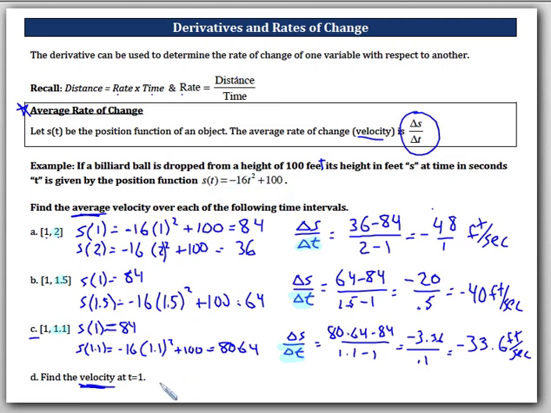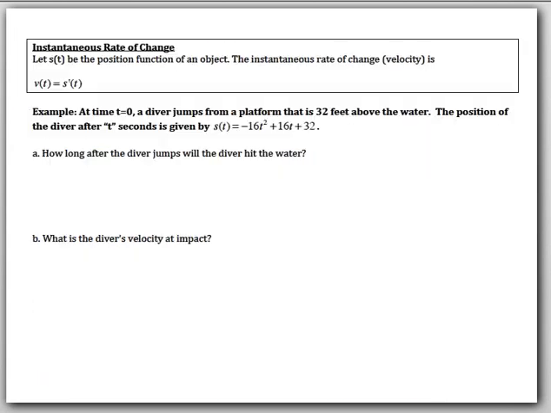So we would want to find s prime of t, which is negative 32t to the first power. So the instantaneous rate of change here is just going to be negative 32 times 1, which is negative 32 feet per second. And you can see here our limit as delta t went to 0 is getting closer, and it would have been negative 32 feet per second.